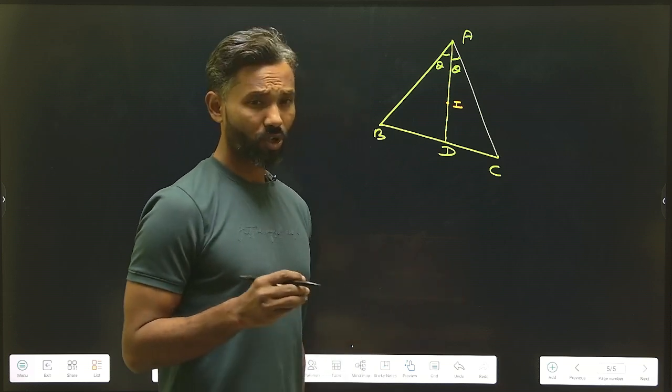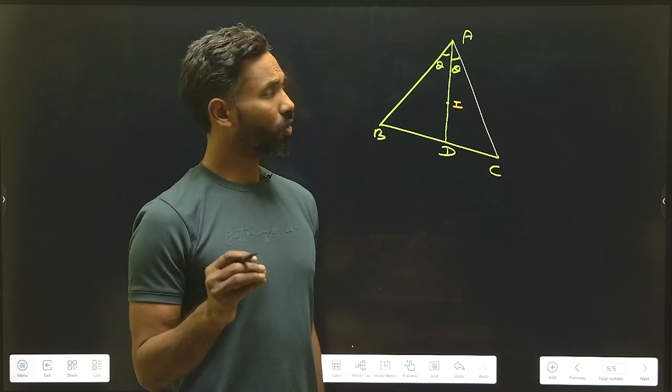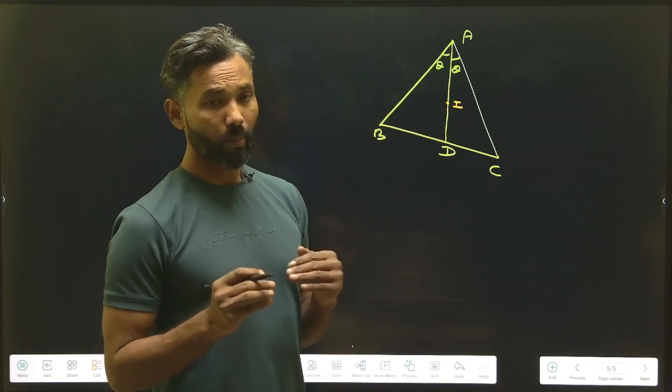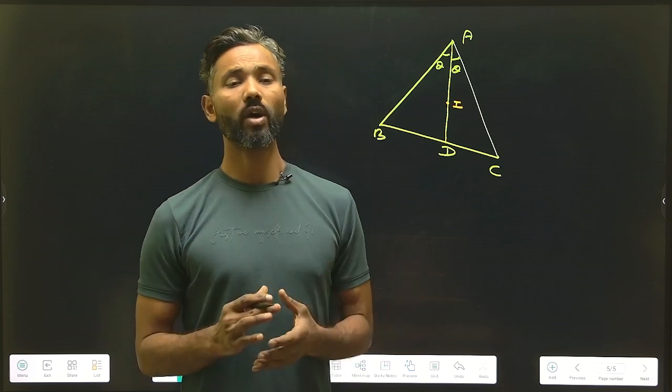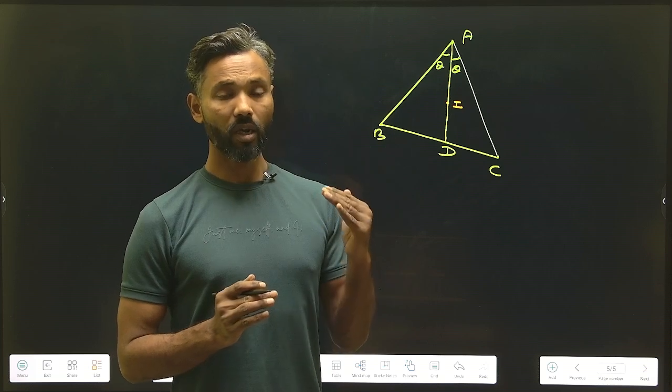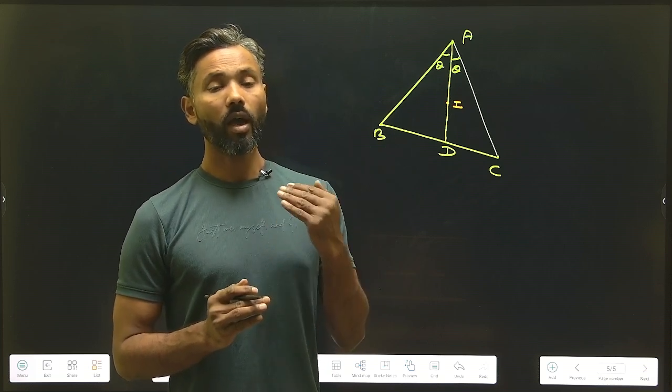In many questions you will be asked to calculate AI ratio ID. AI ratio ID means the examiner is going to ask in which ratio the Incentre divides the angle bisector.